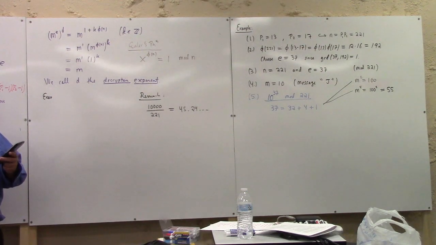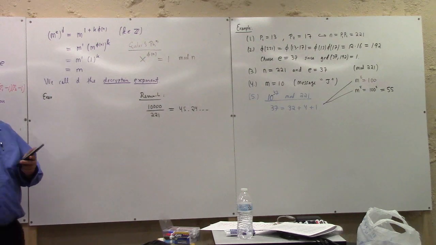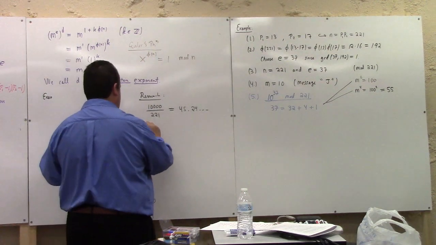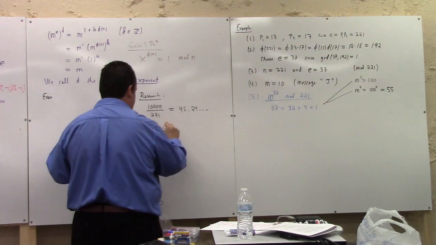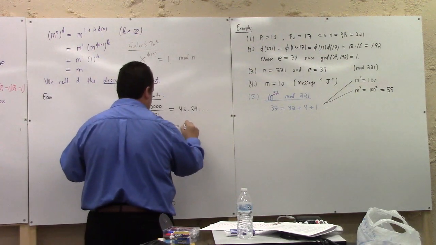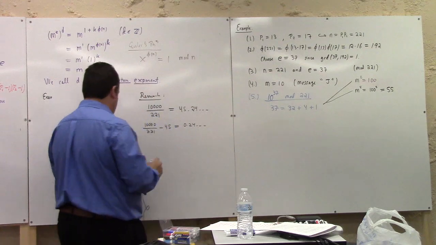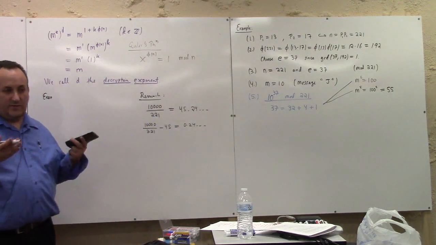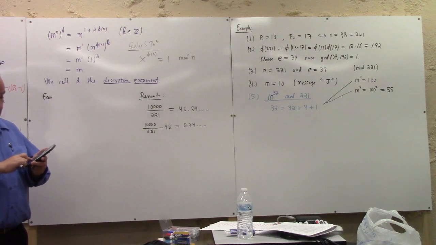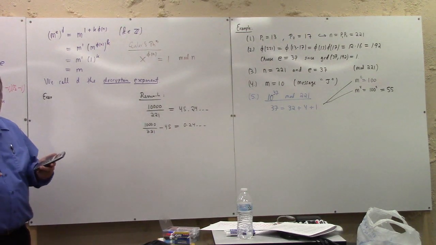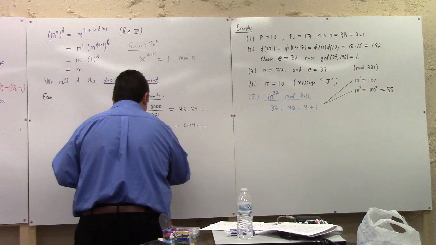So my next move is to subtract 45. I do this number minus 45, and that gives me 0.24, blah, blah, blah. That does not delight me. I take that and multiply by 221. I get 55.